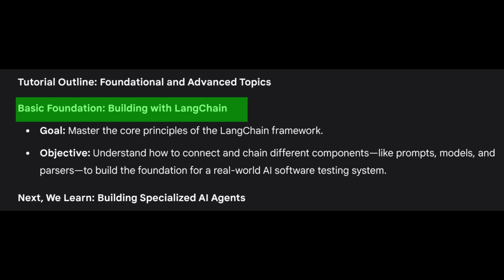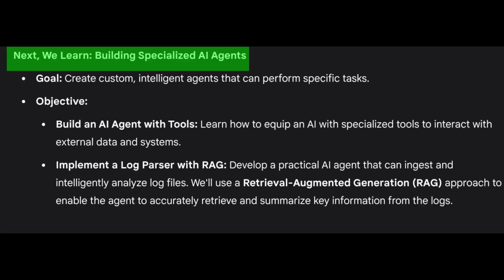Next, we learn building specialized AI agents. Goal: create custom, intelligent agents that can perform specific tasks. Objective: build an AI agent with tools. Learn how to equip an AI with specialized tools to interact with external data and systems. Implement a log parser with RAG.